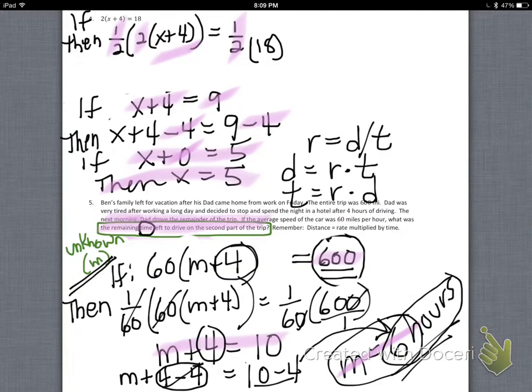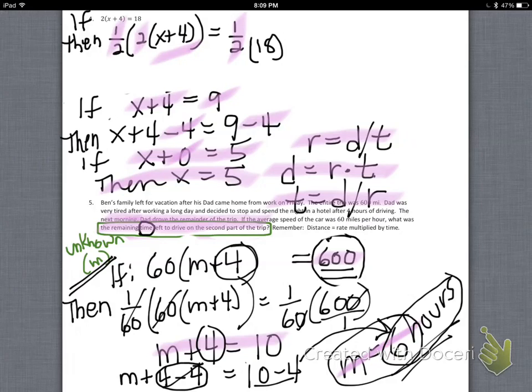Okay, is that right? Hold on a second. This last one's not right. Yeah, time equals d divided by r. Sorry about that, because that's probably the easiest one of all. So these three are really good to have when you talk about miles per hour. And that's how these work.